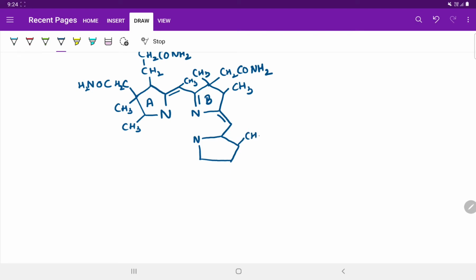So similarly, two methyl groups will be attached here, and at this position a propionamide will be attached. So students, in the ring A and B, we are attaching the acetamide group. So here a propionamide group will be attached at the C pyrrole ring structure.